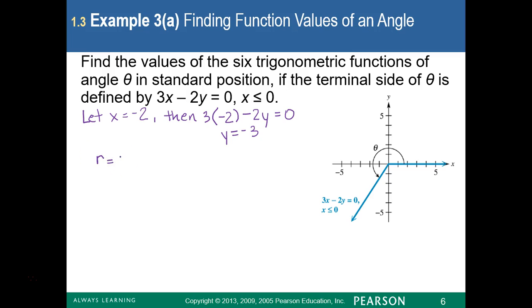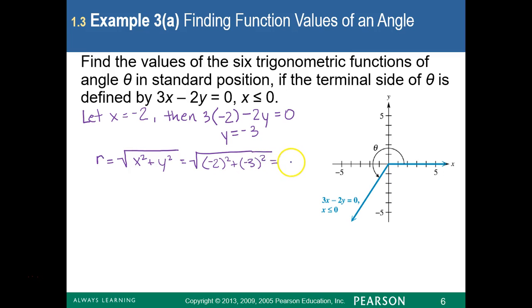So r is equal to, again, I'm going to go ahead and write out that formula, the square root of x squared plus y squared. And when you plug in x and y, you get this right here.